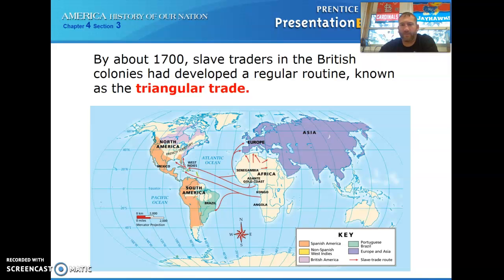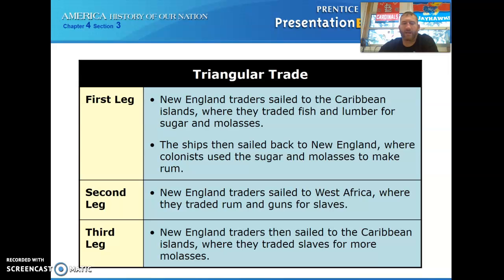By about 1700, slave traders in the British colonies had developed a regular routine known as triangular trade. On the first leg, New England traders sailed to the Caribbean islands where they traded fish and lumber for sugar and molasses. They sailed back to New England where they used the sugar to make rum. The New Englanders then sailed to West Africa where they traded rum and guns for slaves.